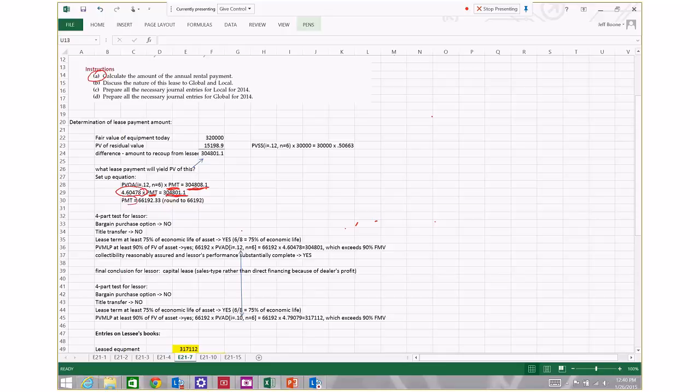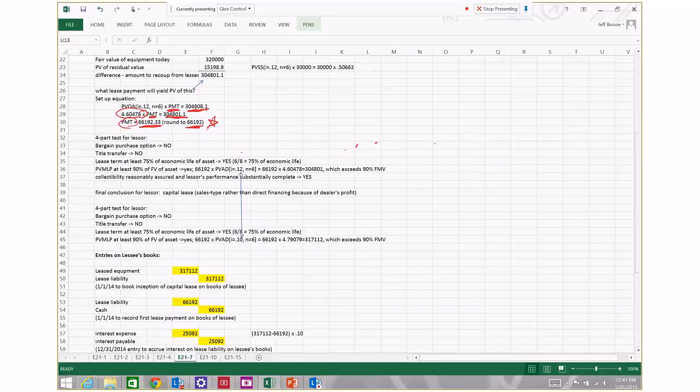Solve for the unknown payment amount, and you get 66,192.33. And we're just going to round that to 66,192 for purposes of solving the problem. Okay, so the payment that the lessor is going to charge the lessee is 66,192.